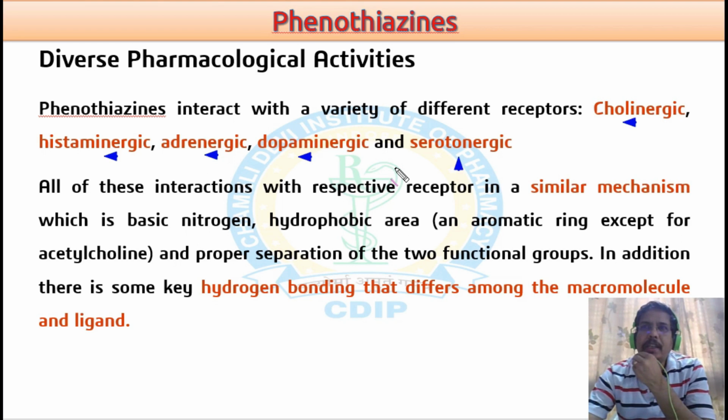Apart from that, they have a hydrophobic area, and this anionic site and hydrophobic area have a distance which is equivalent to the linker which has a 2 carbon length.